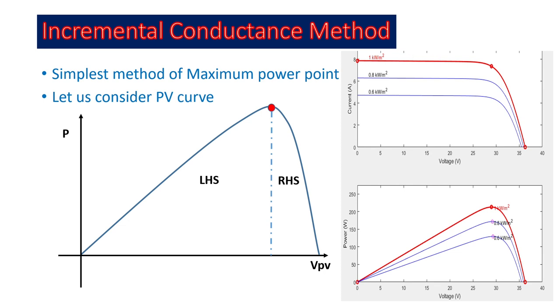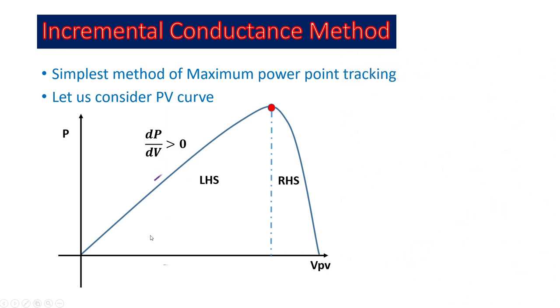That means it is operated in the current controlled region. As we increase the voltage, power also increases. Then it is said that dP divided by dV is greater than 0. In this region, if voltage increases, power also increases. If we reduce the voltage, power also reduces.